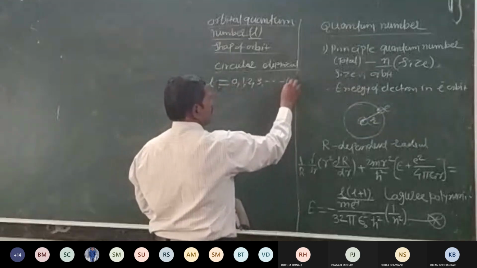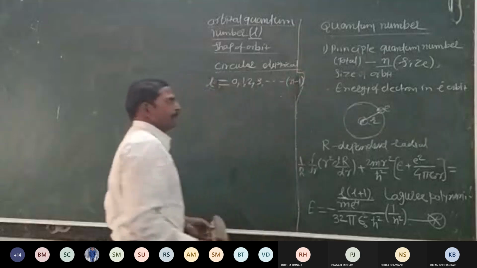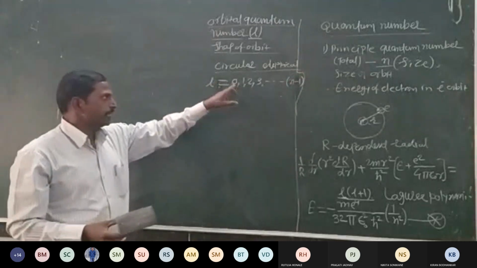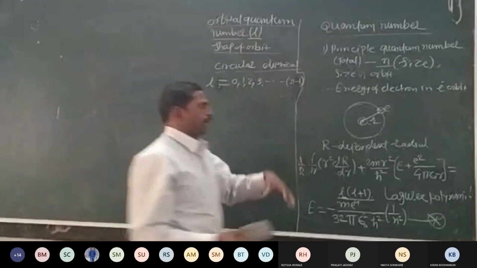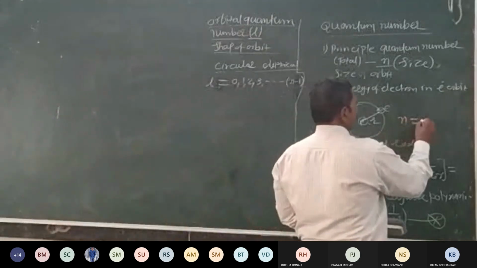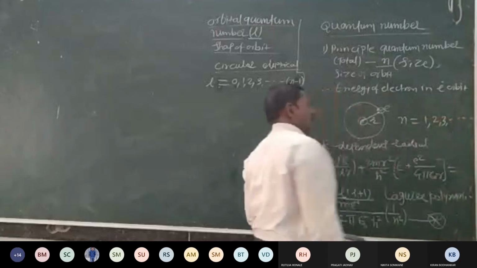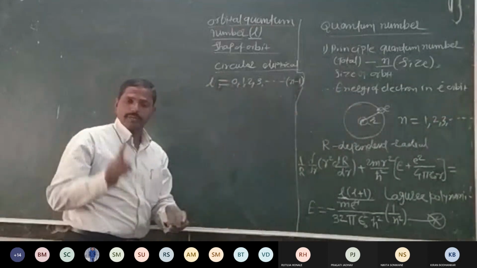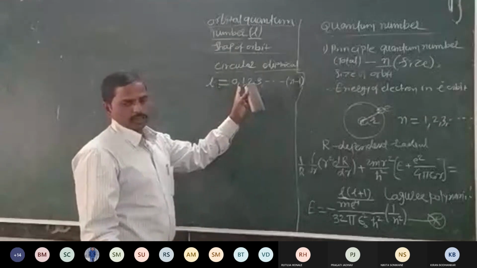आणि पुढे काय असेल? n ला n minus 1. Means म्हणून इथे मी L is equal to 0 घेतलाय. N is not equal to 0. N ची व्हॅल्यू काय असतील? The principal quantum number has values n is equal to 1, 2, 3 and so on. Not equal to 0. हे फक्त लक्षात ठेवा. But L can have the value 0.